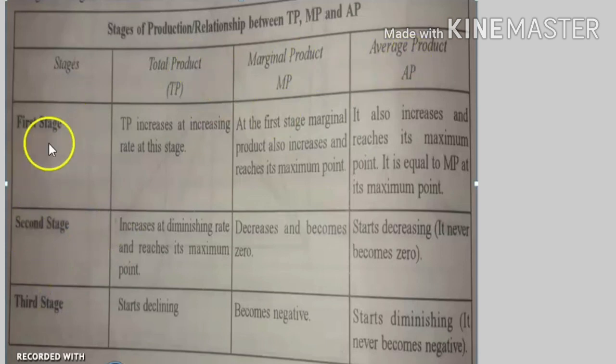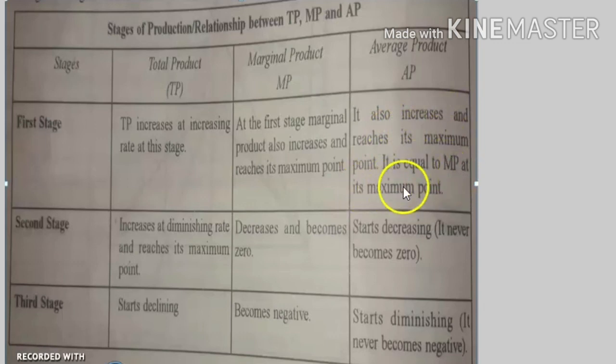In the first stage, TP increases at an increasing rate. Marginal product also increases and reaches its maximum point. Average product also increases and reaches its maximum point, where it is equal to MP.